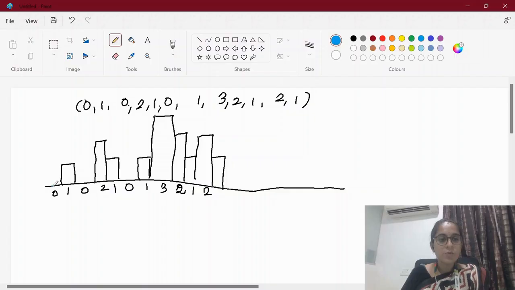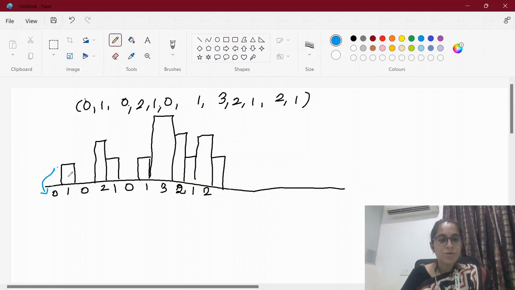In the first position, in the left side nothing is there, in the right side a building of 1 unit is there. If water is there, it will also split. So we can't trap the water here. So here nothing is trapped and water will not be trapped here.